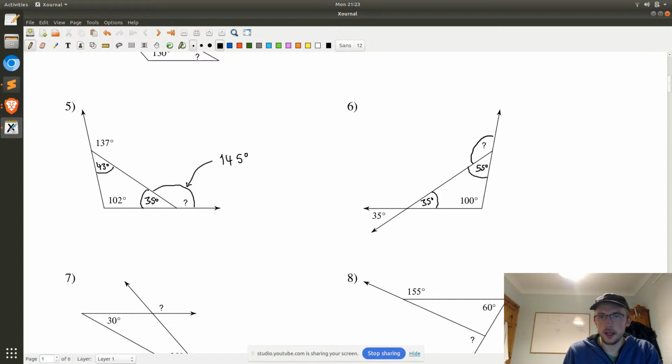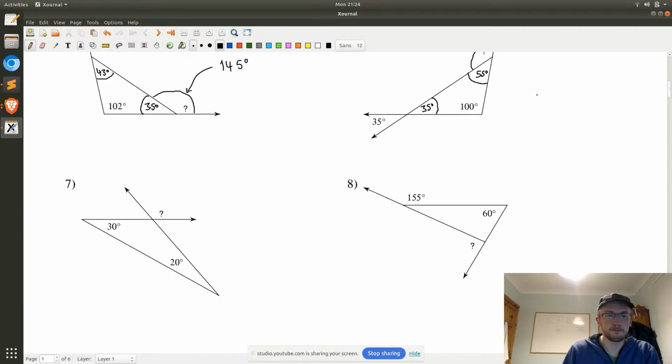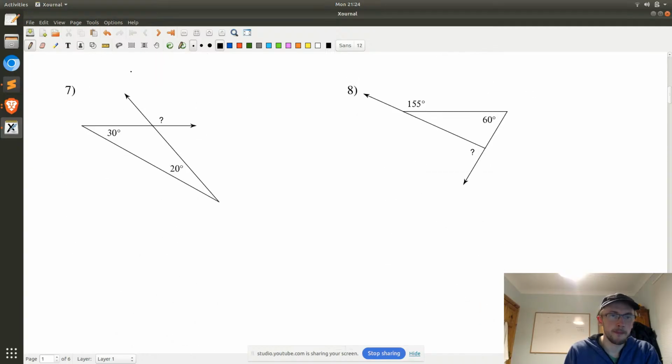And this angle here supplements the adjacent angle to it, as they are angles upon a straight line. So 180 take 55 is 125 degrees. This angle here supplements the sum of the other two, so it must be 130 degrees.